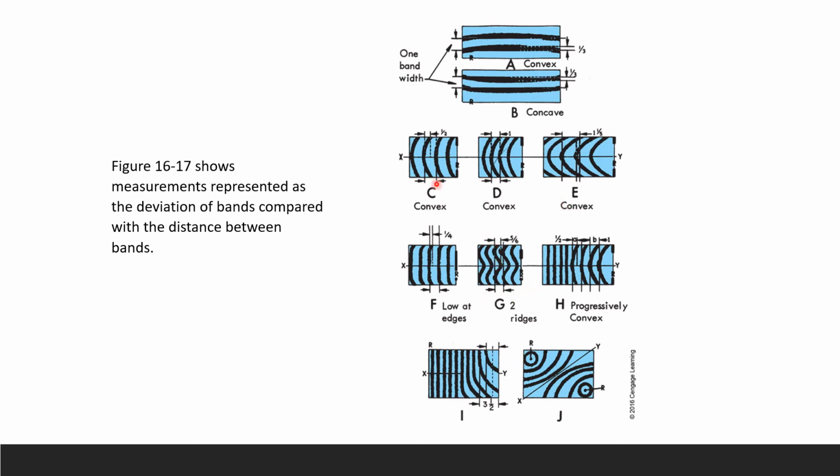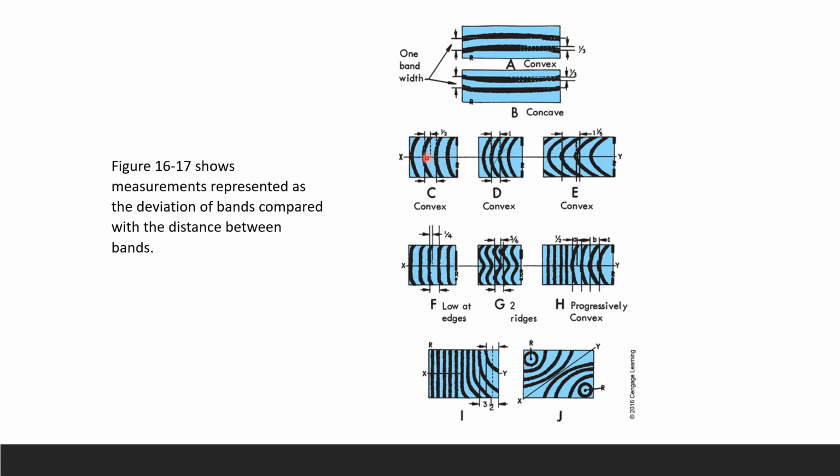So when you take a look at it, you see all the measurements by looking at the fringe patterns, and these measurements are represented as, again, the deviations of bands compared with the distance between bands.